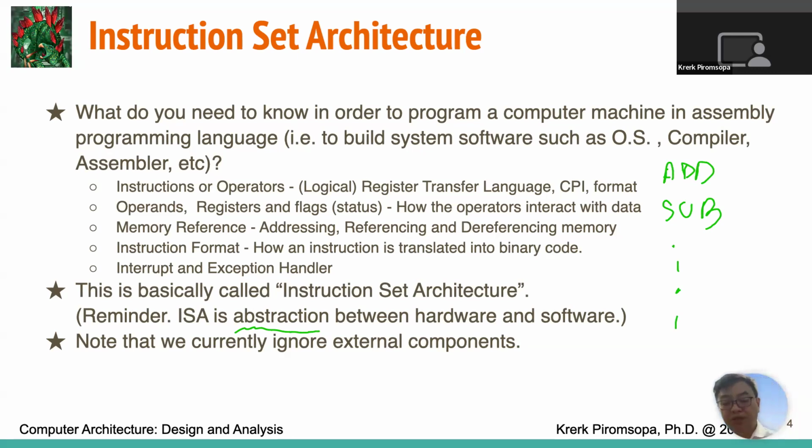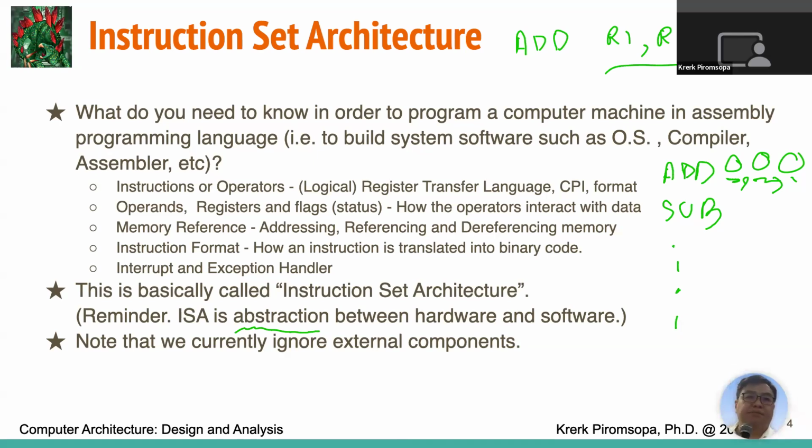But they also say how many operands you can write for each instruction. Usually when you write software in assembly, you say add what? Add some registers together, something like that. We call these operands.